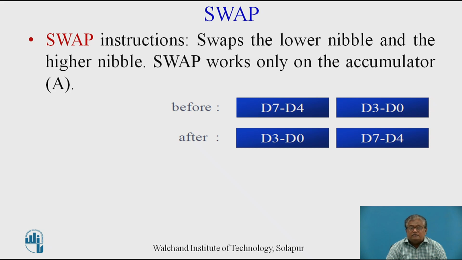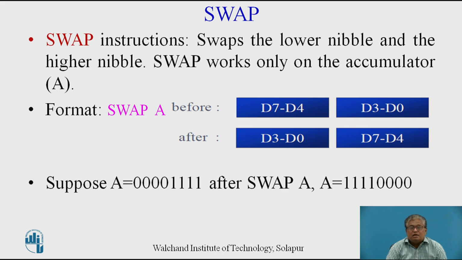After executing the swap instruction, the lower 4 bits, that is D0 to D3, will come at the MSB side, and the MSB bits D7 to D4 will go at the LSB side. So this is the format for swap instruction, SWAP A. It works only on the accumulator, that is the register A.